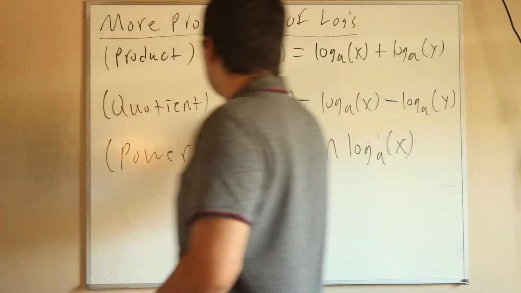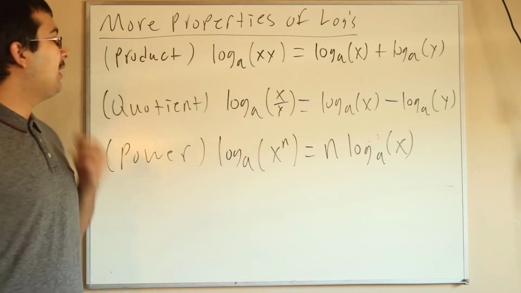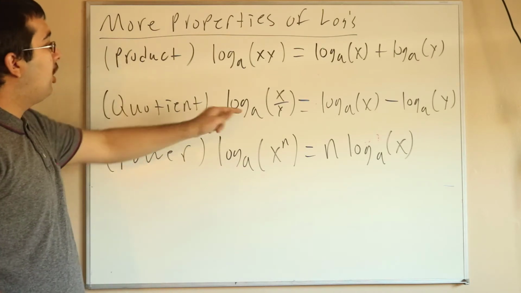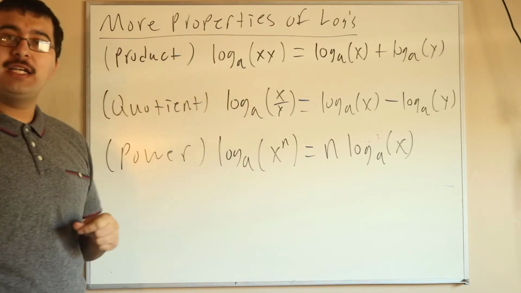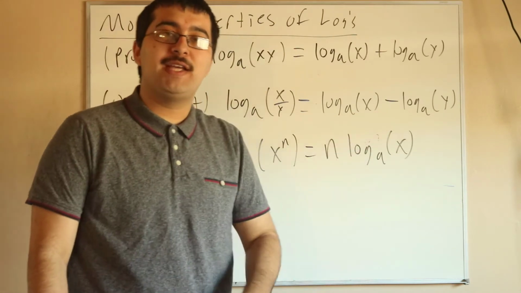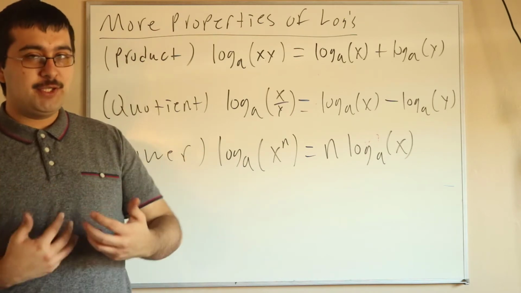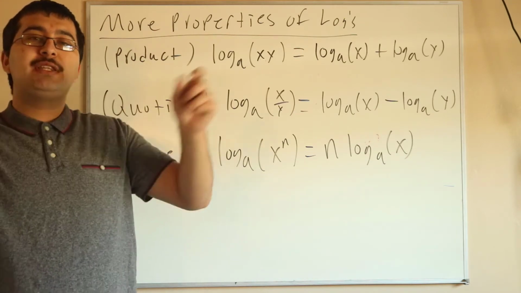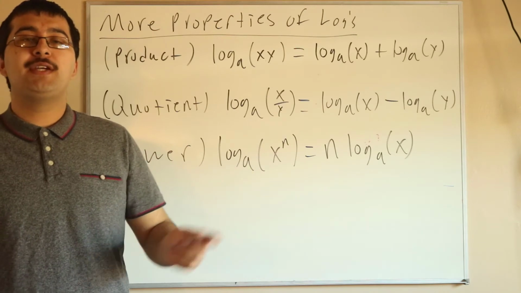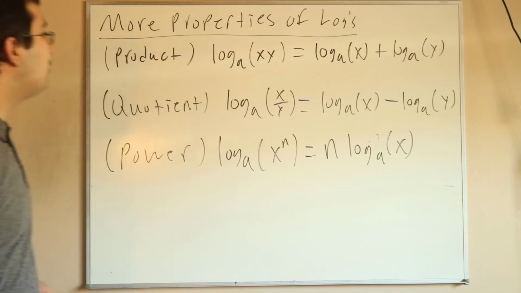Very similar to that is the quotient property, and it goes like this. Log base a of x divided by y equals log base a of x minus log base a of y. Again, if I have a logarithm and inside that logarithm is a division, I can then split that into two separate logs with the same base and have a subtraction between those logarithms. That's all the quotient property says.